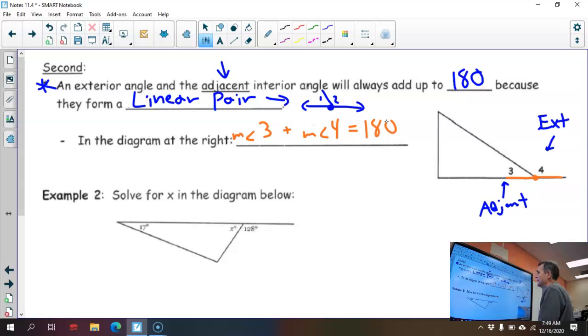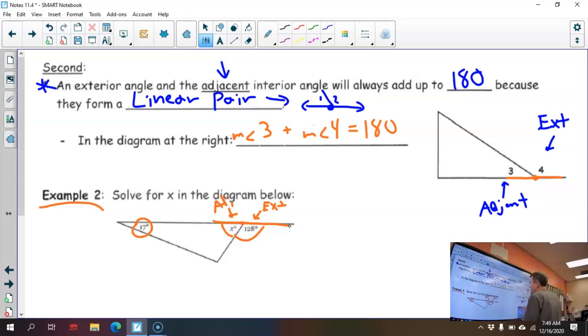So in this diagram, example 2 here, I want to solve for x. The 17 degrees here, that is a remote interior angle, and it is extra information that I do not need for this problem. Because here, I have the exterior angle, and here I have the adjacent interior angle, and together those two angles make this line.